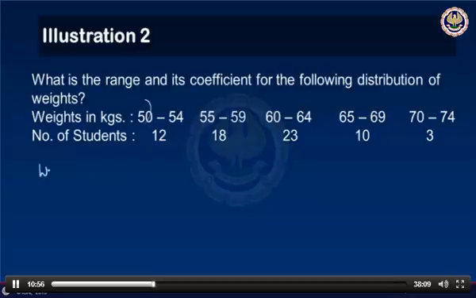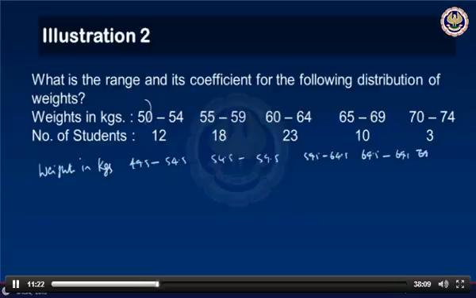Weight in kgs: 49.5 to 54.5, 54.5 to 59.5, 59.5 to 64.5, 64.5 to 69.5, 69.5 to 74.5. In this way we write the data, and the number of students as it is: 12, 18, 23, 10 and 3.